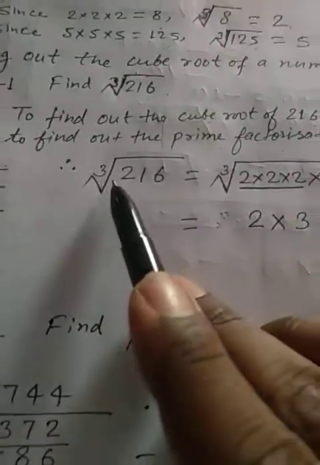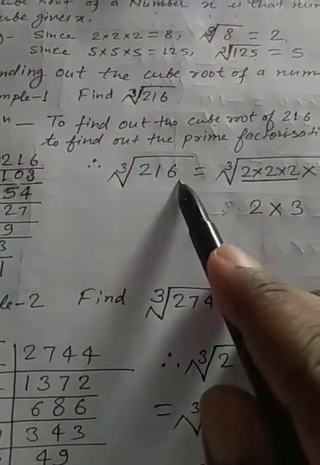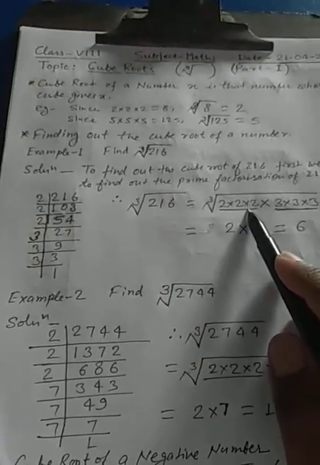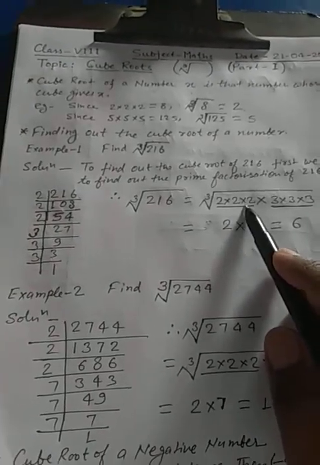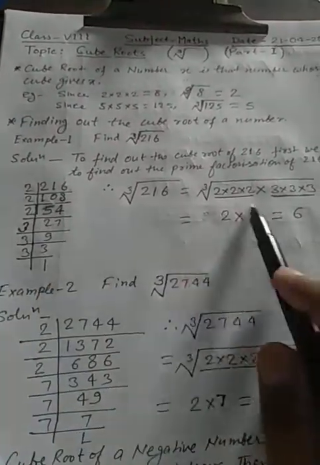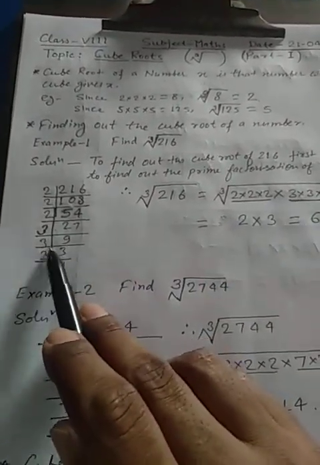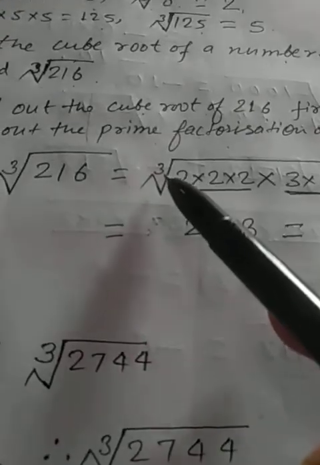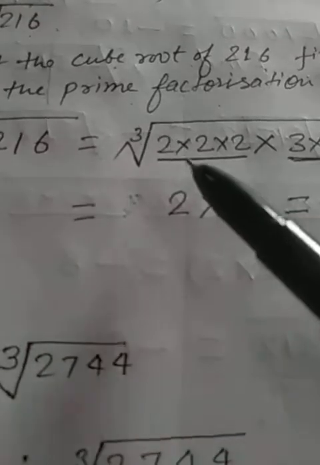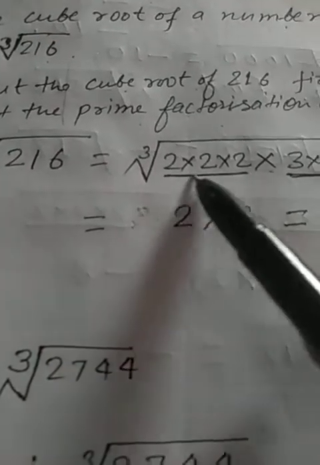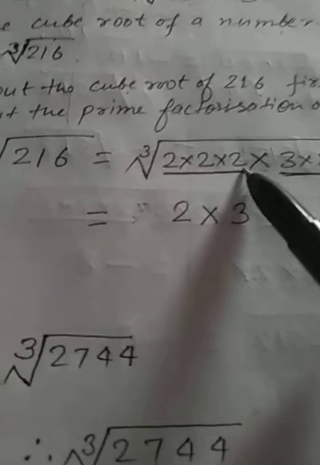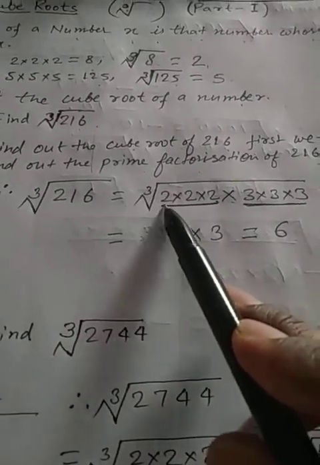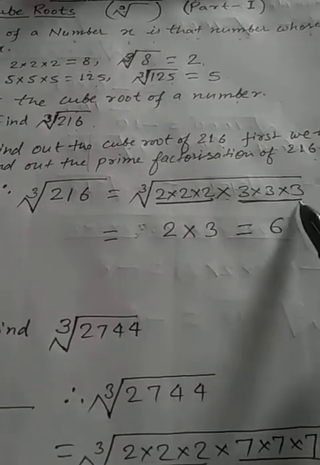Now you can write cube root of 216 equal to cube root of 2 into 2 into 2 into 3 into 3 into 3. Since here the root is a cube, we have to make triplets and select 3 numbers at one time. So it will be 2 into 2 into 2 and 3 into 3 into 3.